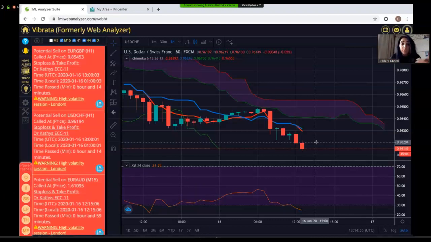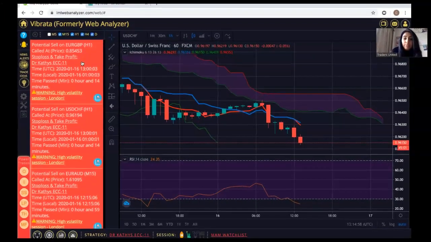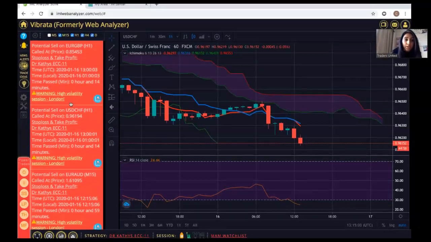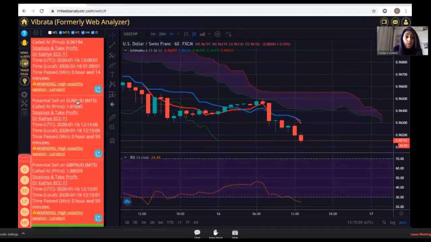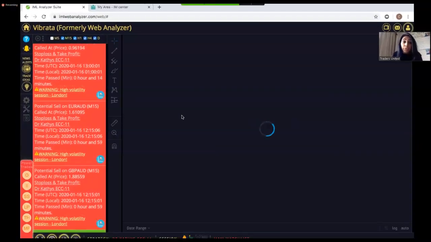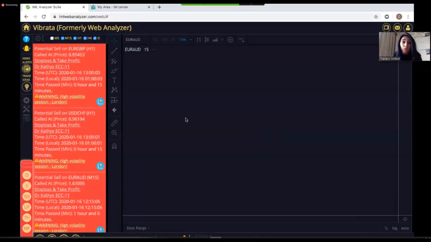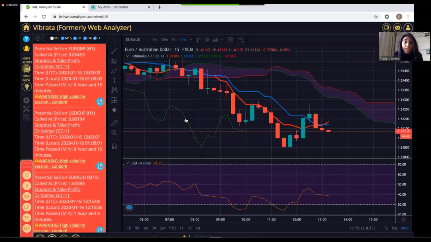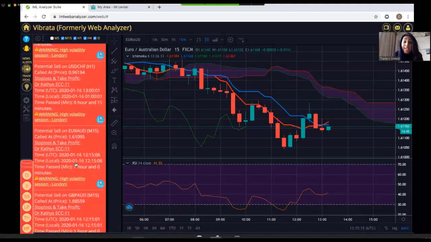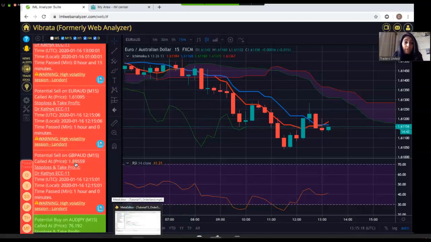So super simple. But let's keep this on loud so we can have a look at any other new trades that are out. Okay, 1 o'clock is generally a good time to trade. I'm going to give you a few time slots that are good. So I would say definitely 8 and 10 in the morning is a good time to trade.